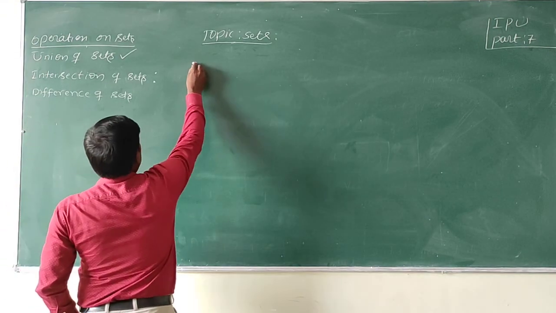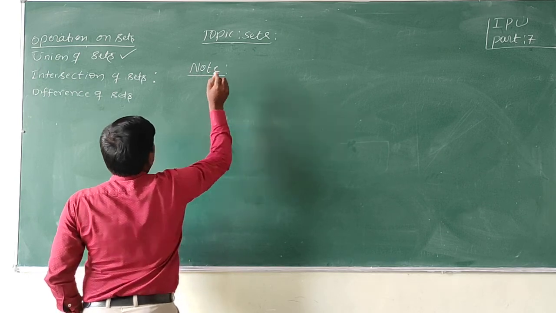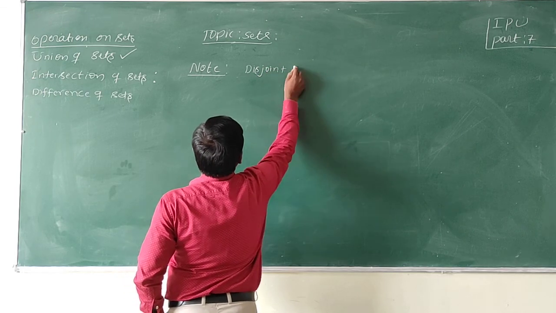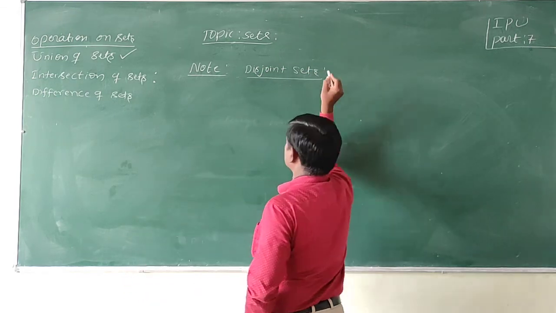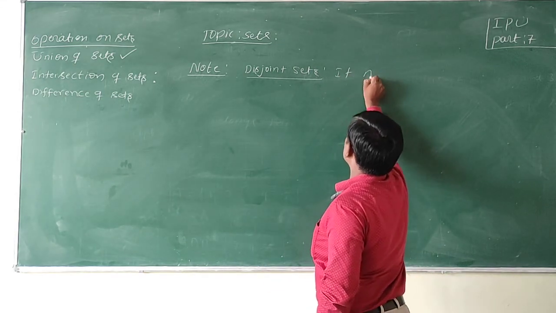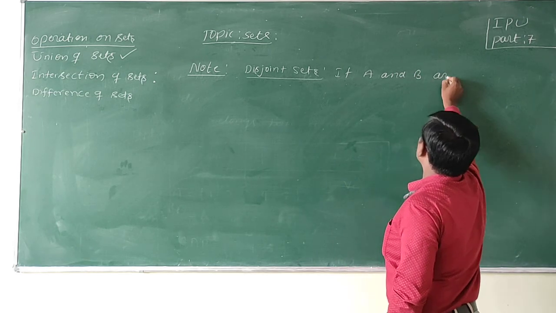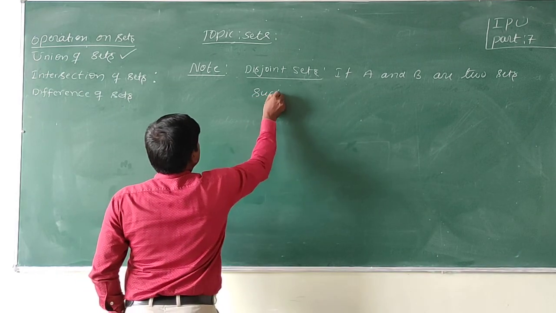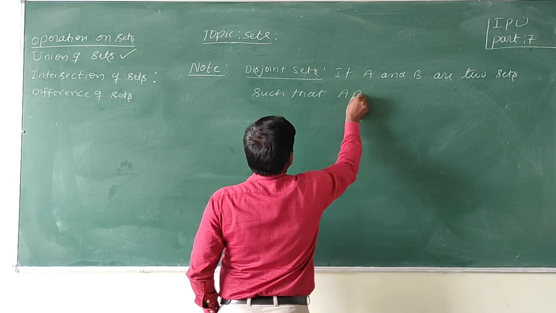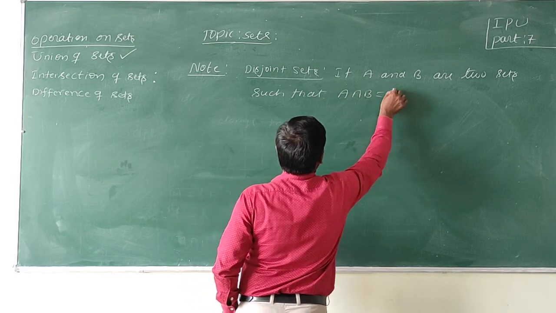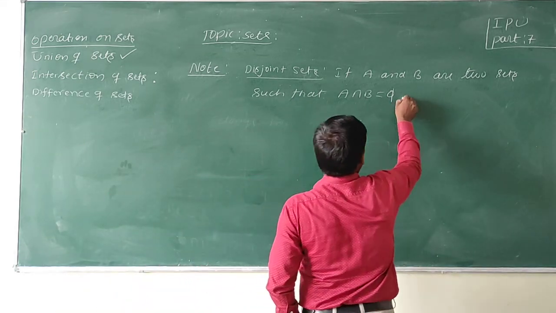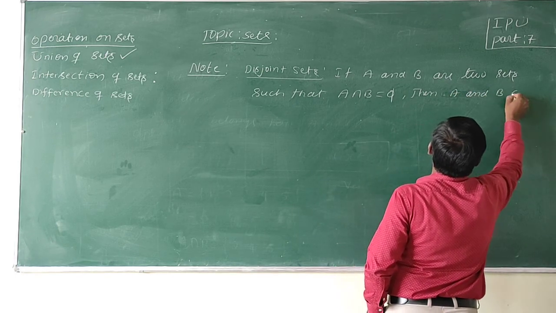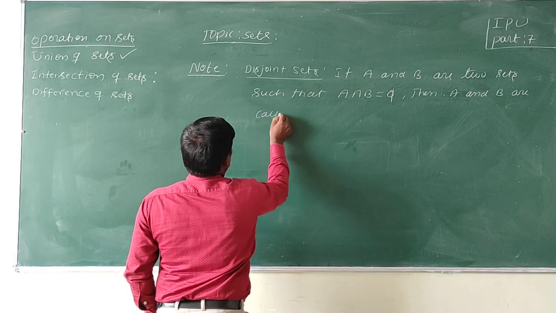Next, note here: disjoint sets. If A and B are two sets such that A intersection B is equal to phi, then A and B are called disjoint sets.